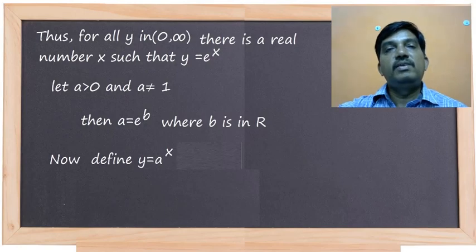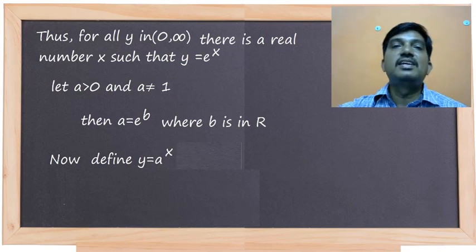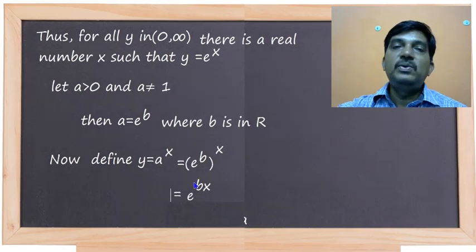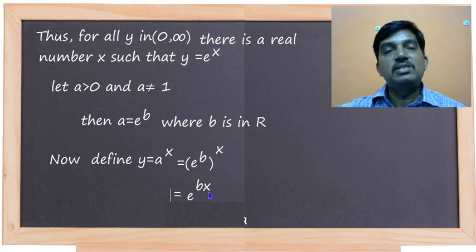Now you define y is equal to a power x. What is a power x? What is a? A is e power b. If you substitute a is equal to e power b here, you will have e power b, whole power x, and that's equal to e power bx. And you know the definition of e power x, so e power bx is also defined.